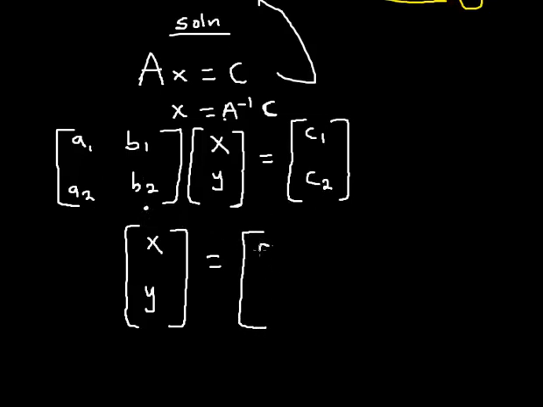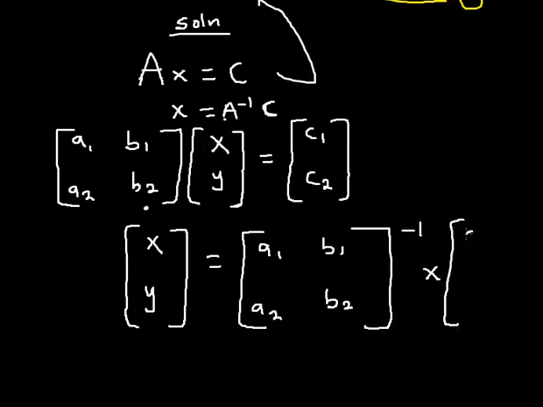So it will be a1 b1, a2 b2, inverse, then multiply by c1 c2.